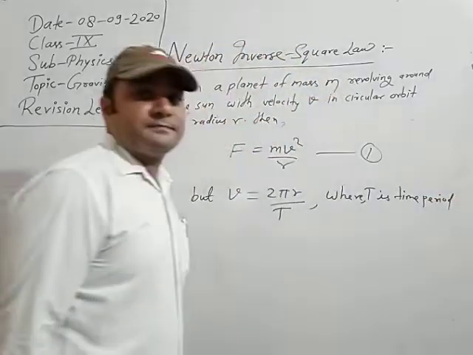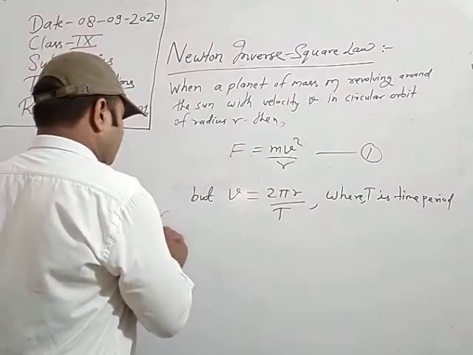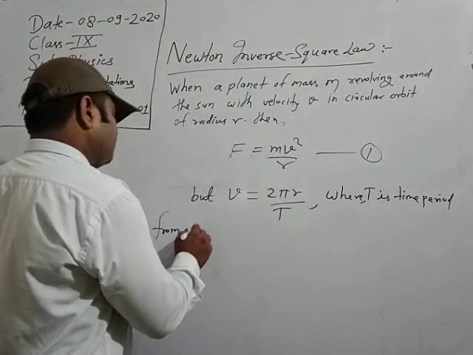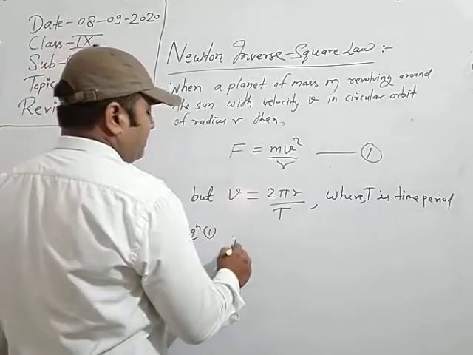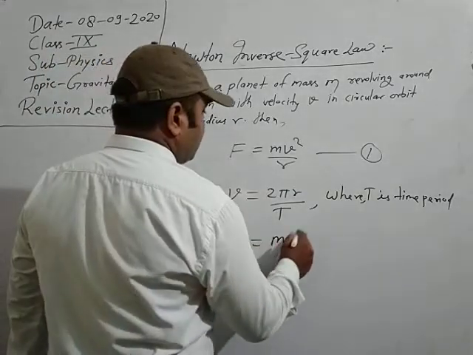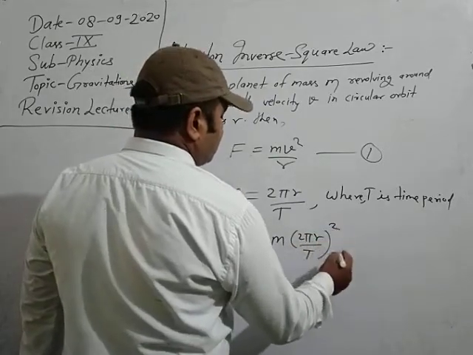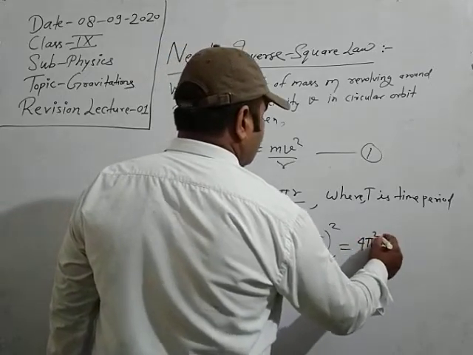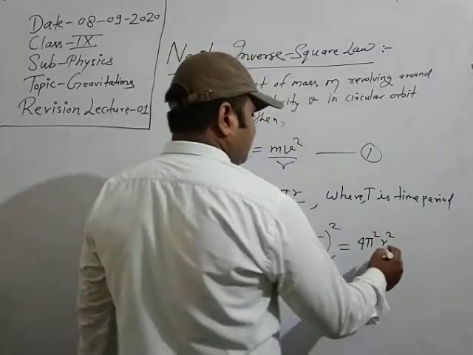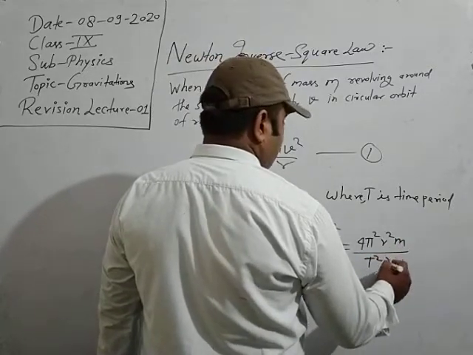Just see after this, when we put the value of v in equation 1, F is equal to m (2 pi r by t) whole square upon r, that is 4 pi square r square m upon t square r.